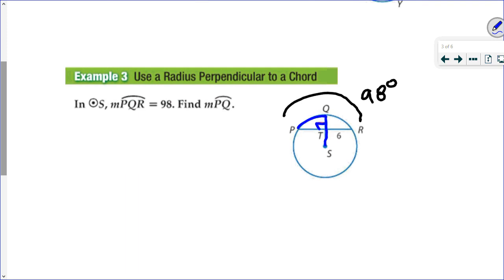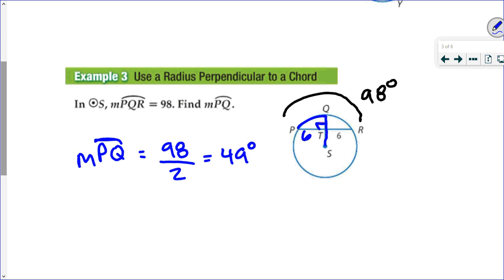It bisects the chord, so it's also going to bisect the arc. So the measure of arc PQ is 98 divided by 2. It's half of the whole arc, so that would be 49 degrees. The measure of arc PQ is 49 degrees.